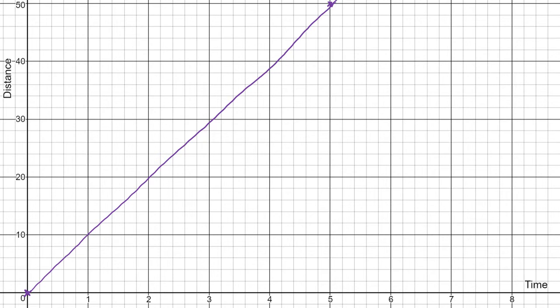So at 0 hours she already had a 12 kilometer head start, which means she's going to be there. And after 5 hours, she had completed 37 kilometers, which is here. All right, and I apologize again for my non-straight line, but it's pretty hard to do on a tablet.